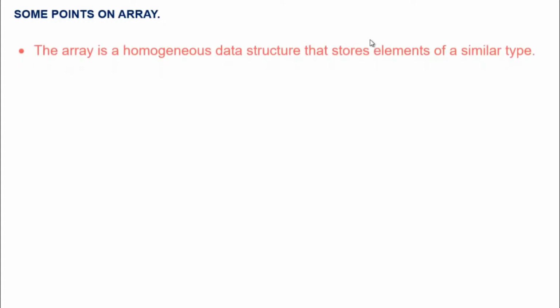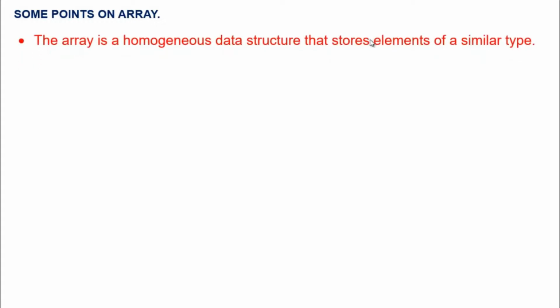Now some very important points. The first is that an array is a homogeneous data structure that stores elements of a similar data type. That means if we create an array for integers, we will store only integer data. If we create a string array, then it will only store string data. That is why it is called homogeneous.